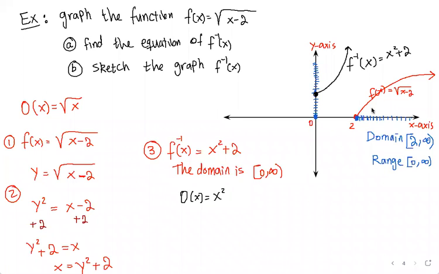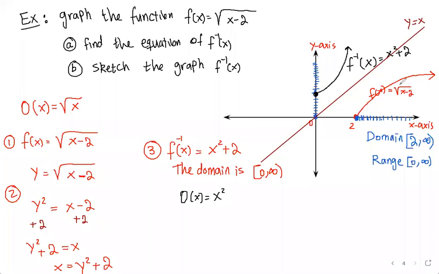Another way to graph this function, how can I graph the other one? The other way is by reflecting everything around y equal x. So now I'm going to show you another way for graphing. I have to draw the line y equal x.